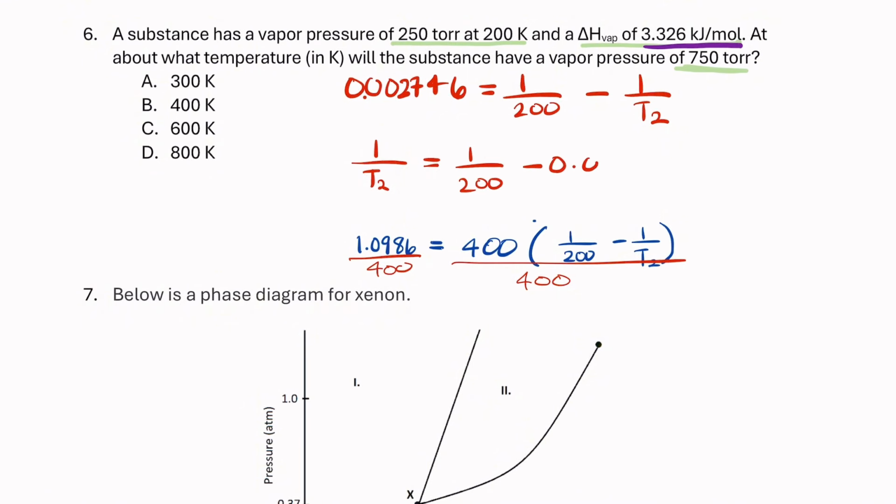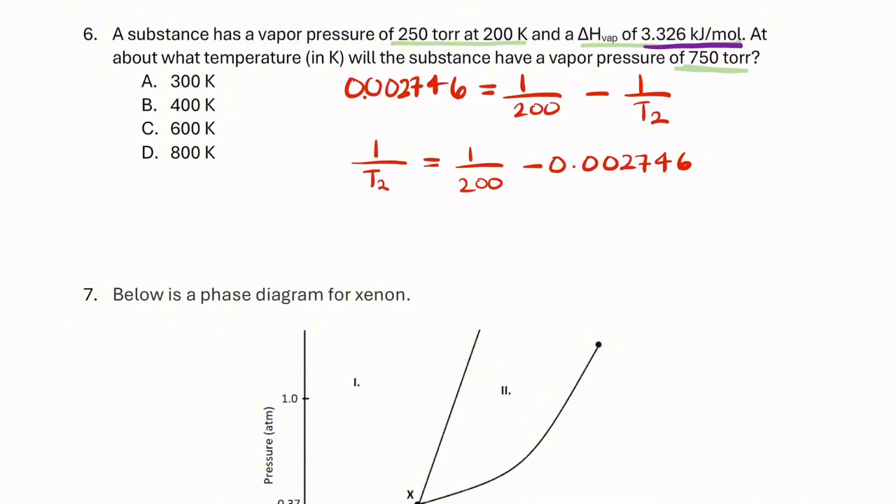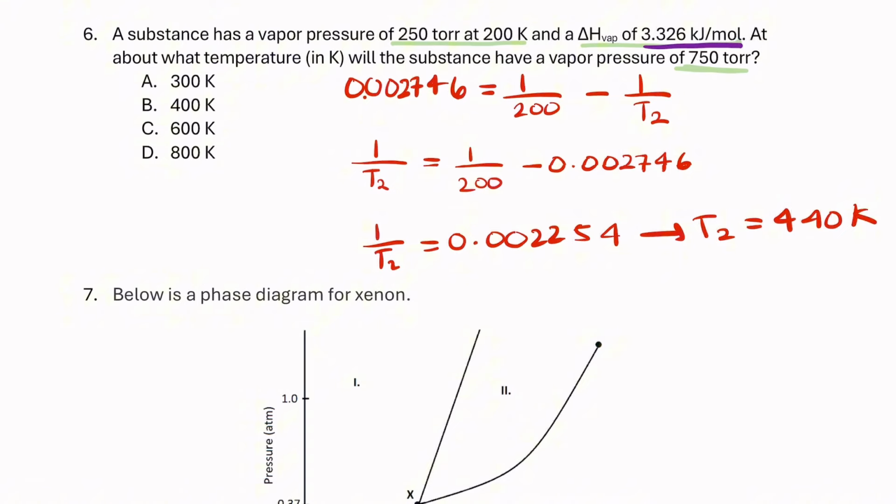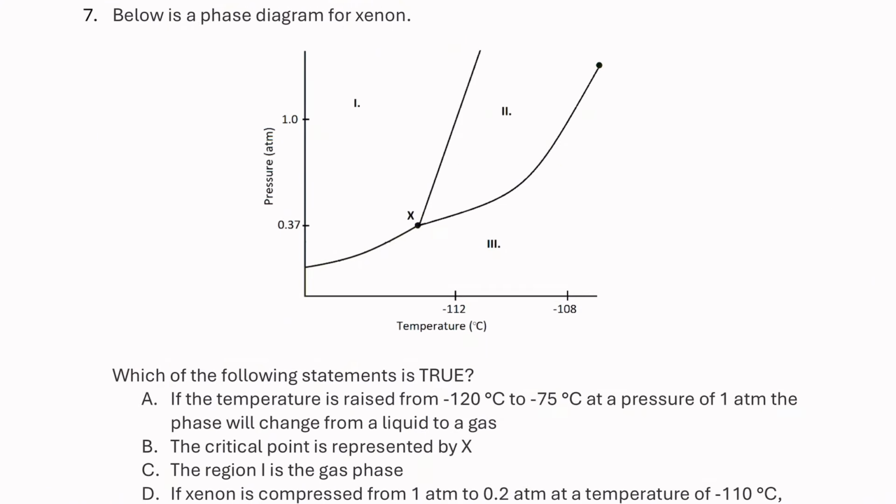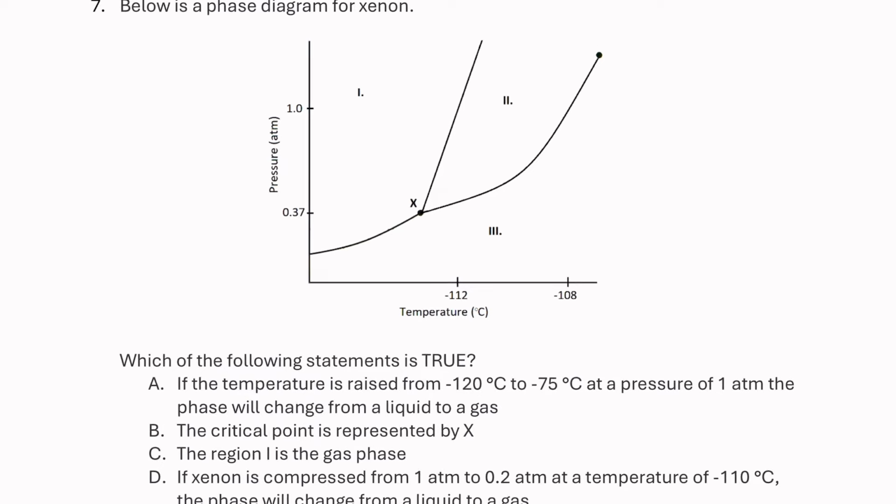So I get 1 divided by T2 is equal to 1 divided by 200 minus 0.002746. That's going to be equal to 0.002254. Finally, we can invert to get T2, and that is equal to about 440 Kelvin. And among the choices, the closest to that value is B, 400 Kelvin.